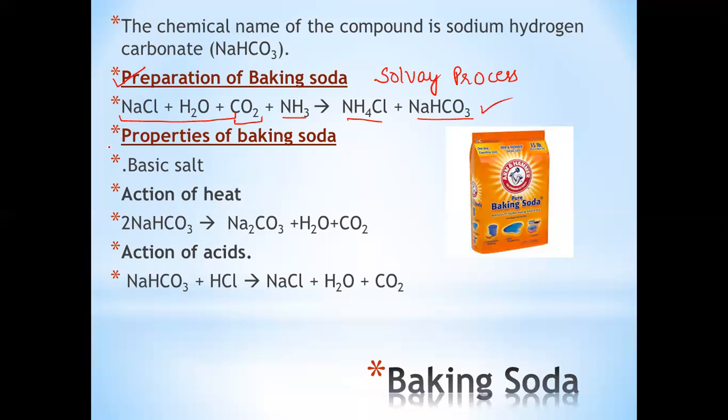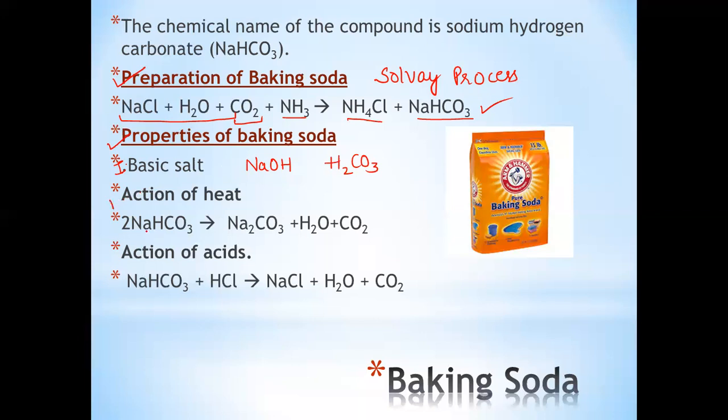Properties of baking soda. It is a basic salt. Its aqueous solution is alkaline. It turns red litmus blue. Its pH is more than 7, due to sodium hydroxide, that is a strong base, and carbonic acid, which is a weak acid, present in solution.